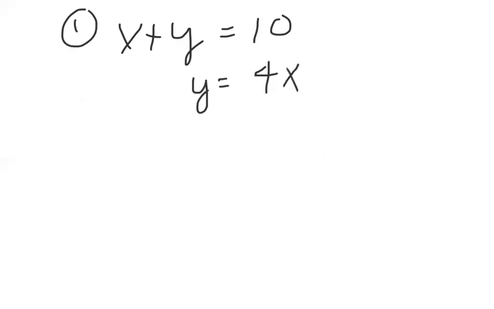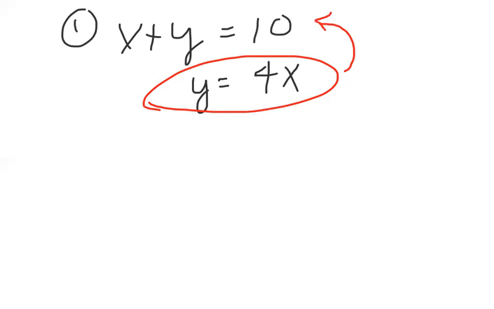So for this one, you will notice, guys, the second equation already has a variable isolated. So y is solved for, so you don't have to do any additional work. Since y is solved for, we're going to go to the first equation and substitute for y the 4x. So we're going to replace y with 4x.